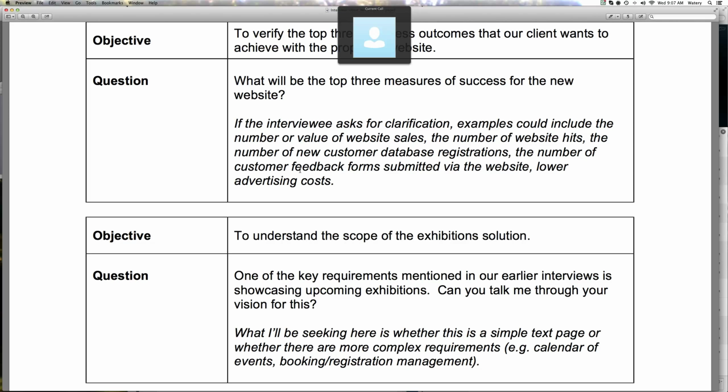Yep. And then the third measure of success is if I can get testimonials from the clients. So basically, they visit the website, they're happy with our service, with our delivery, with our response and everything. So they are willing to leave a testimonial. So it will be word of mouth marketing. Yes. So we'd be looking at building that testimonial page into the website structure then.